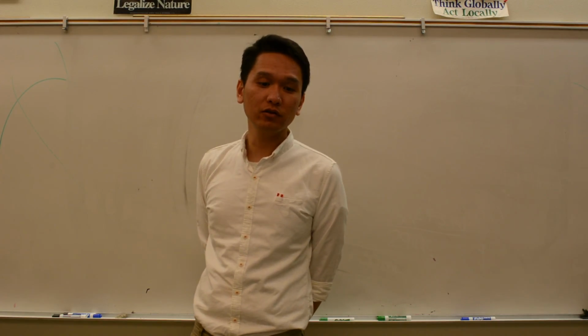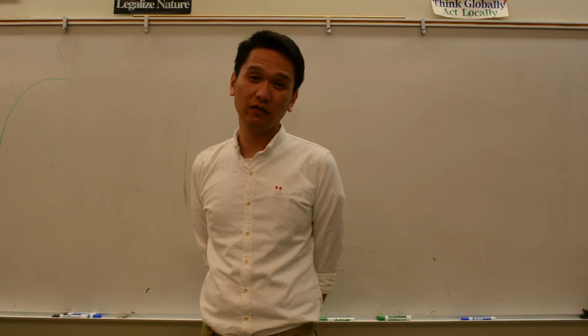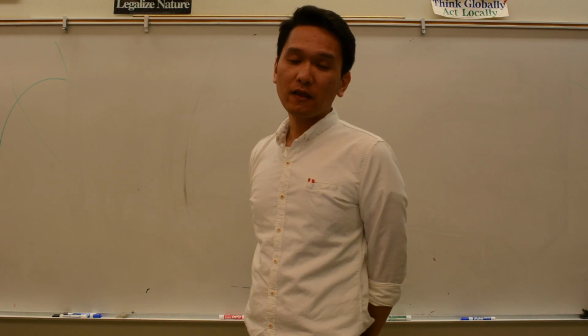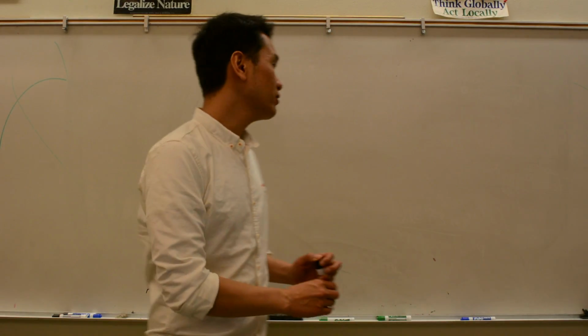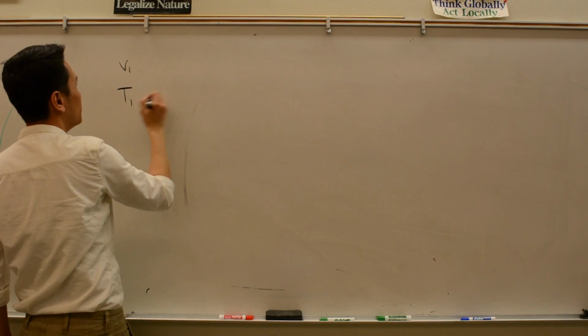Okay, so the pressure and moles don't change. So the information of the pressure being 755 is pretty irrelevant to us, right? This is an application of Charles' law, so we only care about volume and temperature.